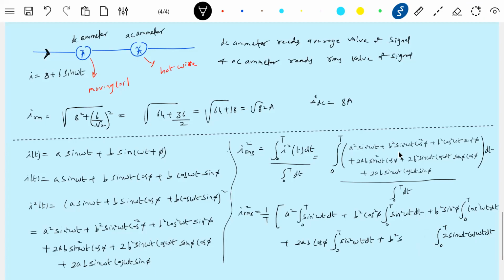B square sine phi cos phi. It is interference of two waves only, but the square is there. Please do understand. Nothing wrong, you can use any mathematical thing. But it has to be integrated. There's no other way.